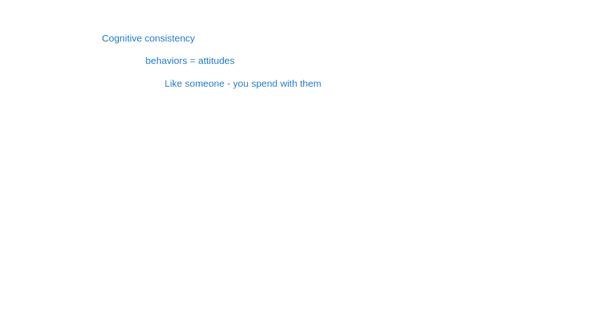That is cognitive consistency. Your attitude, the fact you like them, matches your behavior, the fact you spend time with them. So there we go. Your behavior, you spend time with them, and your attitudes align.